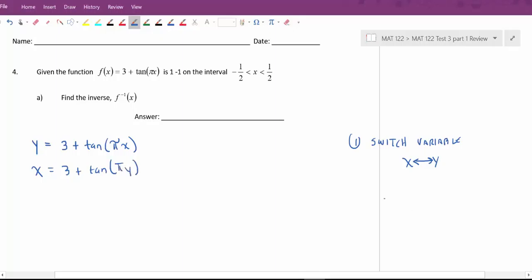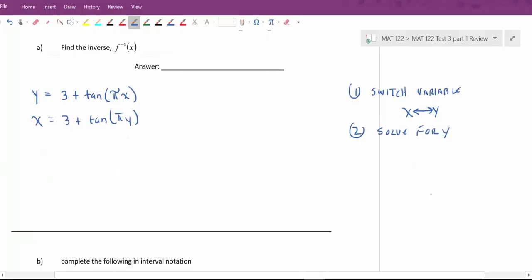So you do that. Second thing you do is you solve this equation for y. And a general thing that you want to do when you're solving for y is isolate the trig function. Okay, so that's how I'm going to start this. I'm going to start by subtracting 3 from both sides. So you can do that like that if you want to. So you're going to get x minus 3 is equal to tangent of pi y.